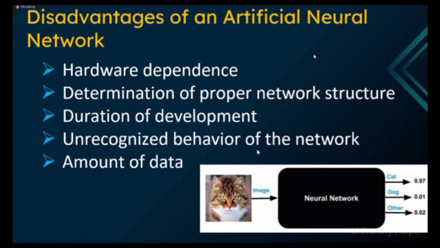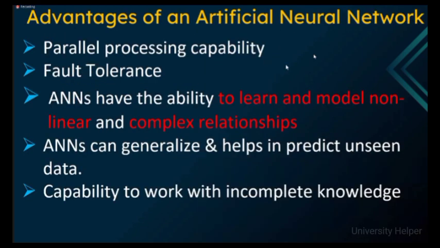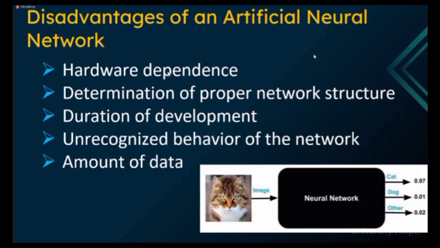ANN requires parallel processing power. We already discussed that ANN can do parallel processing, which is an advantage, but you require more hardware. So that's why it's a kind of disadvantage. That's why we'll go for an online platform interconnected with the cloud to develop this ANN. Hope everyone gets my point.